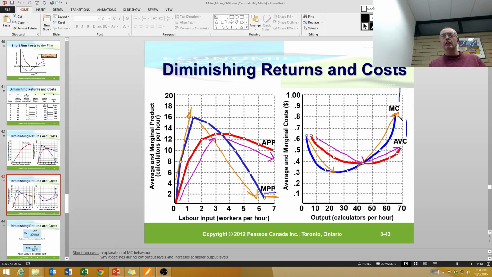So we can see that the U-shape of the marginal cost curve and the average variable cost curve is tied to the behavior of the marginal physical product and the average physical product. And we can see this more clearly when we see the formulas.